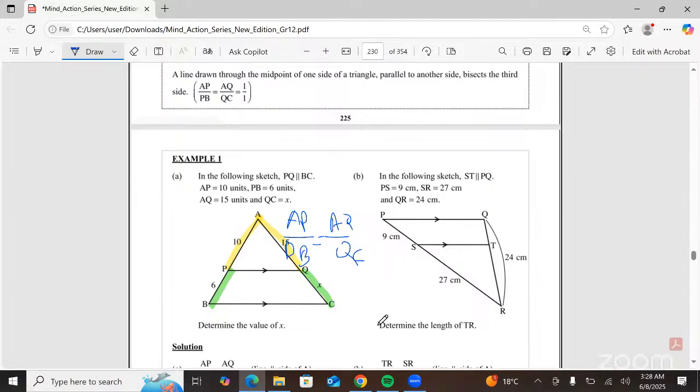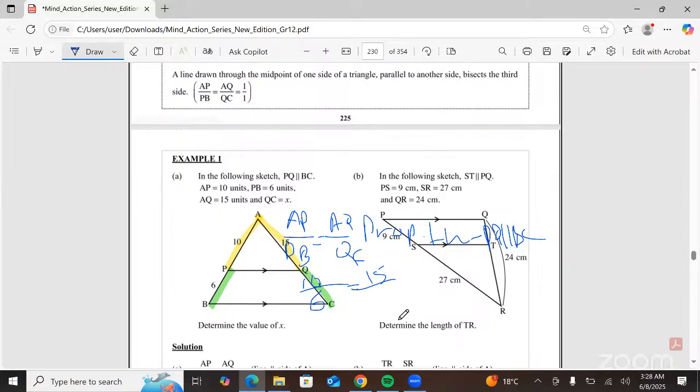Now provide the reasoning behind that statement: this is the proportionality theorem. Why? Because PQ is parallel to BC. Then from here, you substitute. What is AP? AP is 10. What is PB? PB is 6, equal to AQ, which is 15, over QC.